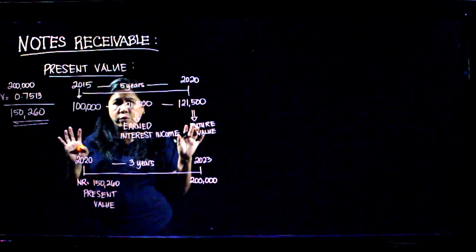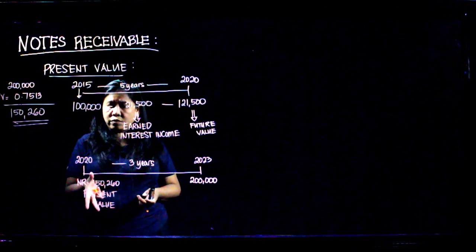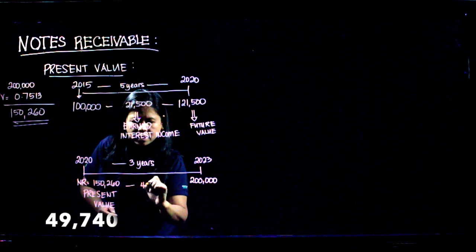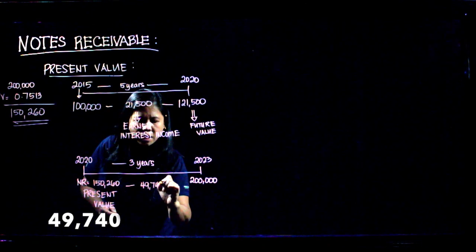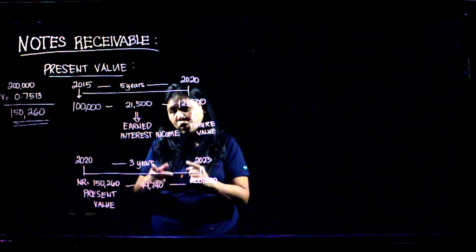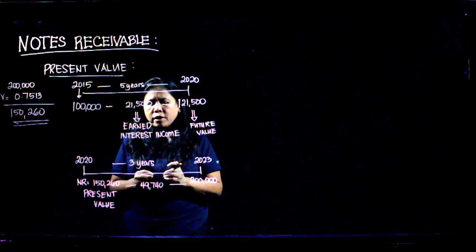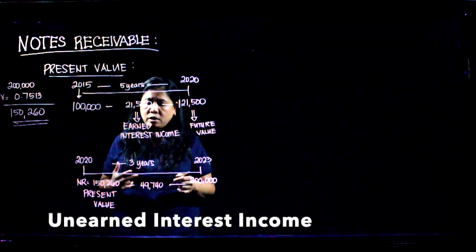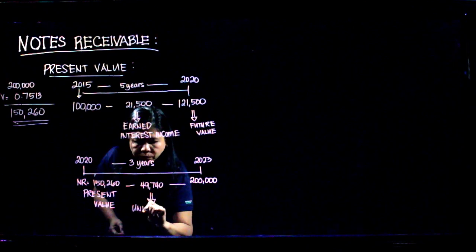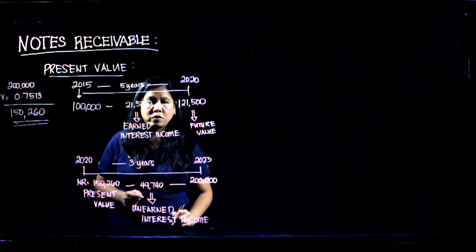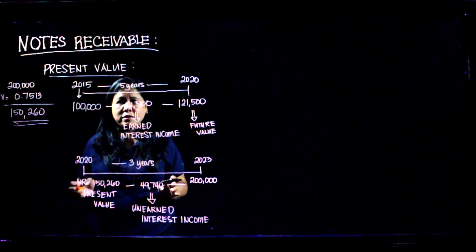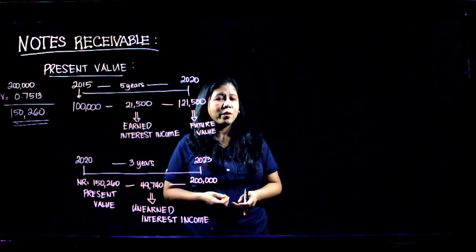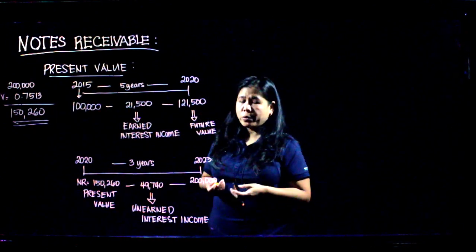Therefore, the difference between the present value and the 200,000 is 49,740. You know I memorized that too, right? So 49,740 is your unearned interest income. So this is your present value. Hope that helps you a little bit to know what a present value is.